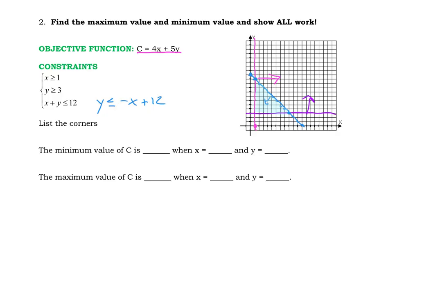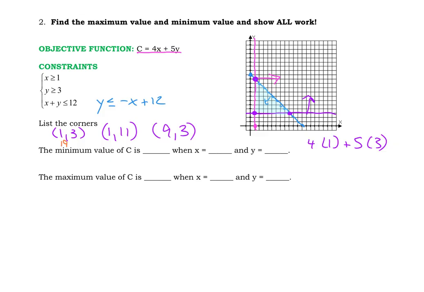Now my corners, I've got graphed, and there's a corner here, a corner here, and a corner here. So let's list them. So I've got 1, 3, 1, 11, and 9, 3. Those are my corners. Now I'm going to plug this in: 4 times 1 plus 5 times 3, and this gives me 19.